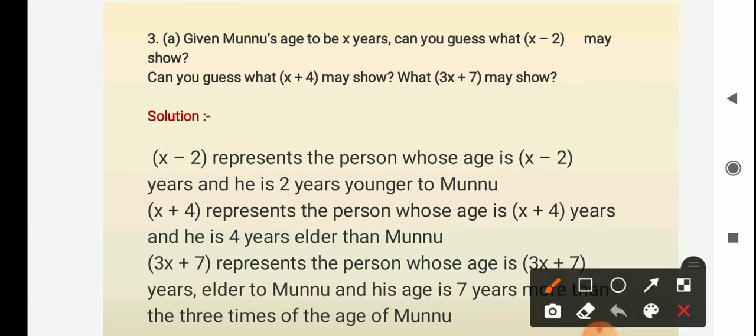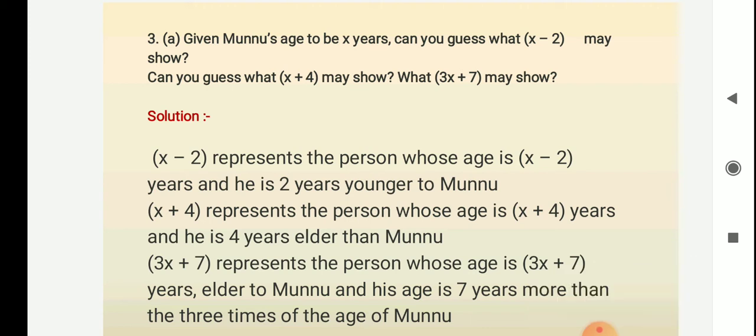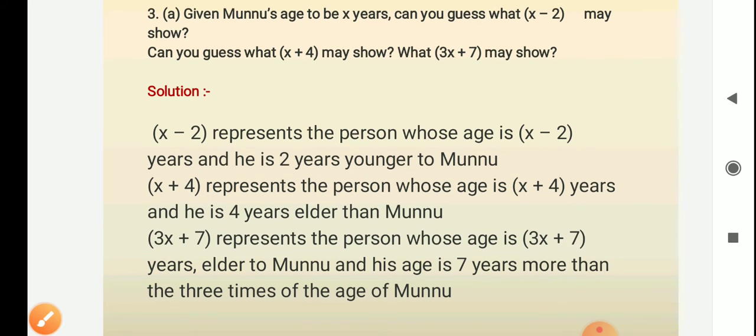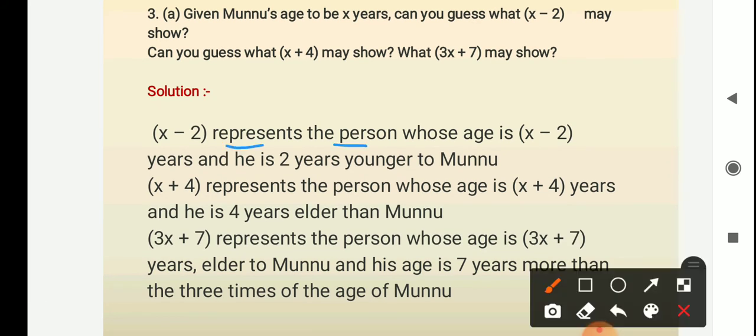So look here student, x minus 2 represents a person whose age is x minus 2 years. That person is 2 years younger than Munnu, because x minus 2 means it is subtracted from Munnu's age.